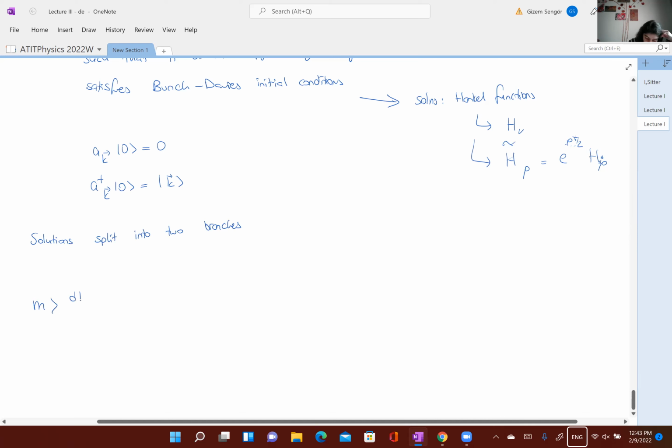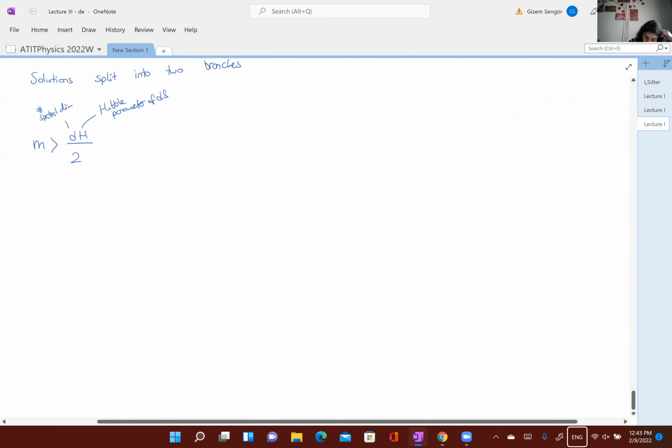So one branch is this. This is the number of spatial dimensions. This is the Hubble parameter, which is just a constant for de Sitter, over 2. So this is one branch, and the other branch is the opposite, okay? Let me just write this out in planar conformal time coordinates.